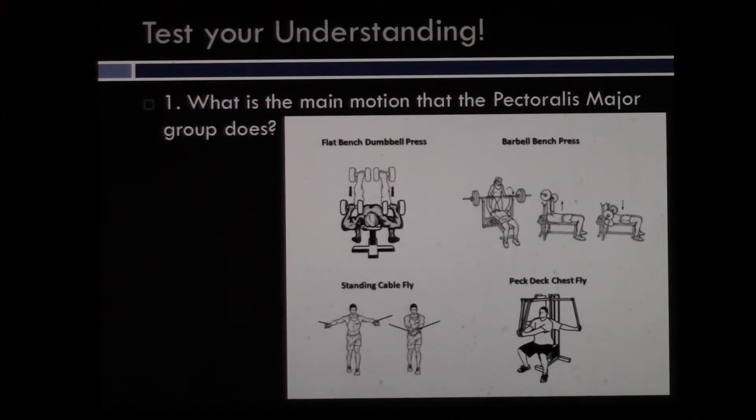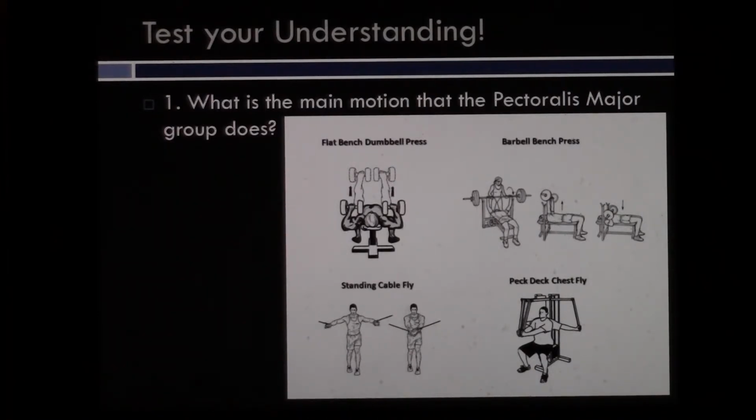Your pecs do not cross your elbow, so they can't move your body at the elbow. I hope that makes sense. Let's say you had no muscles on your body except for your pectoralis major. Could you move your elbow if that was the case? The answer is no. You need those other muscles that cross the elbow joint in order to move that joint. So your pecs are involved with movement at the shoulder.